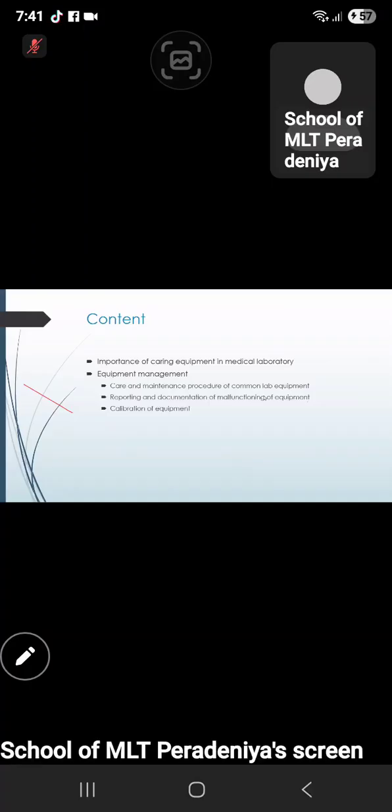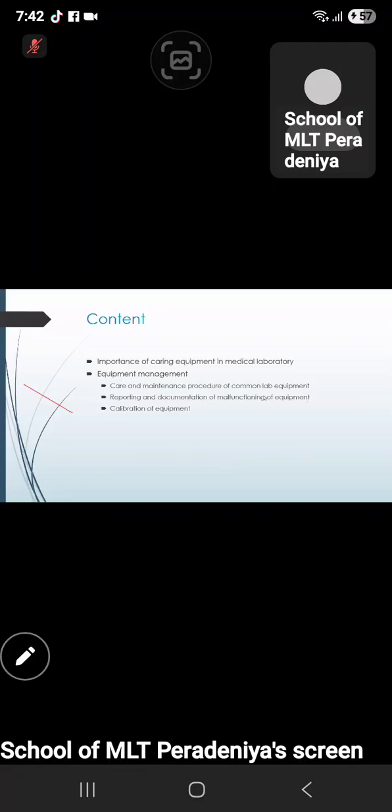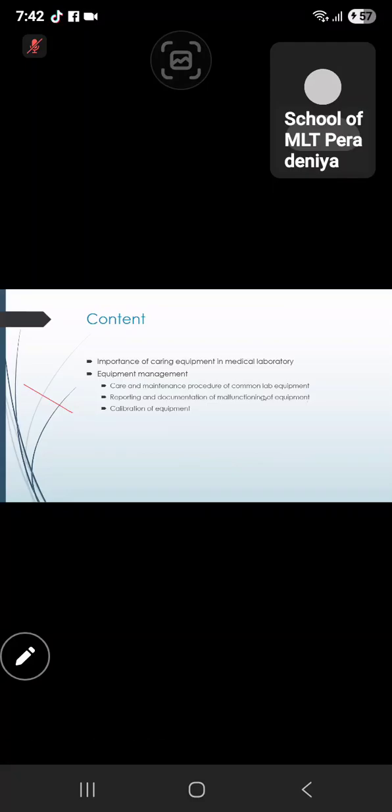In the management part, there are several roles played by the senior MLT, chief MLT, superintendent grade MLT, or other MLTs. They have separate management roles they play in the laboratory. One huge area is human management. That is one kind of management coming under laboratory management.